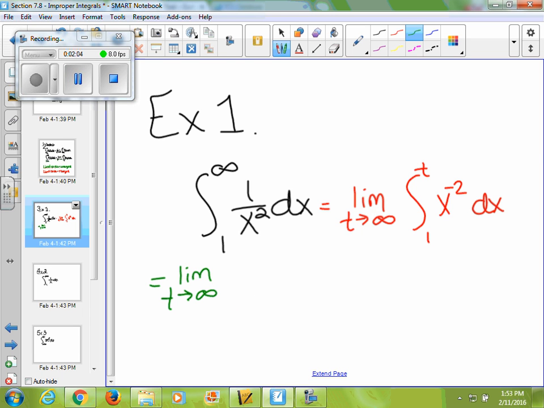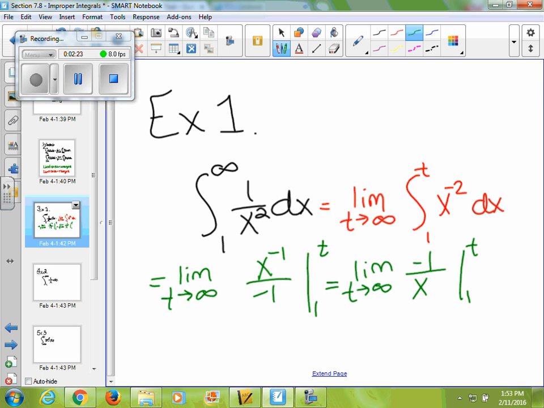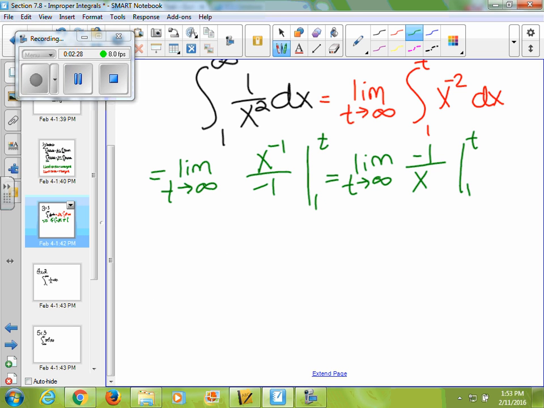If I integrate x to the negative 2, I get x to the negative 1 over negative 1, which I can rewrite as negative 1 over x, evaluated from 1 to t.